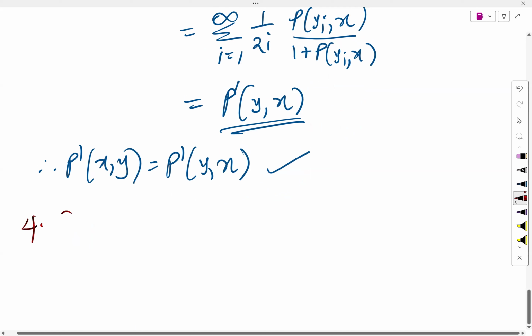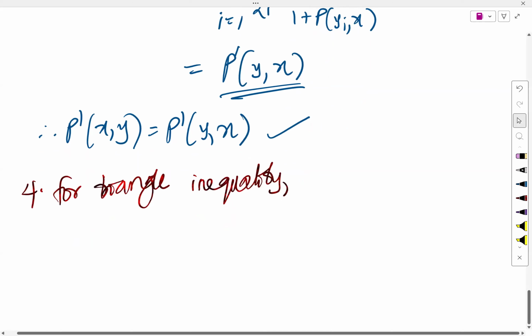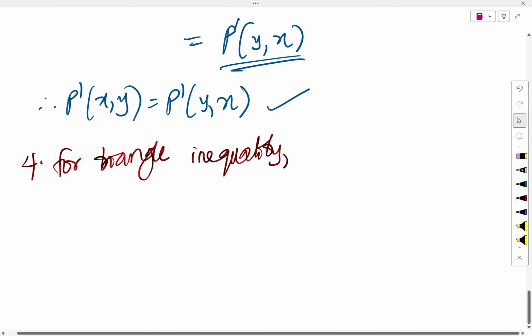For the triangle inequality, so here you can consider, of course, simply starting with p prime of x z.